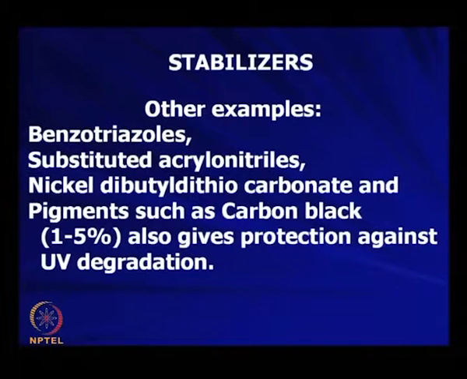So, my experience is that if you can develop any agent which can break to form free radicals, and if that free radical is stabilized by the group to which it is attached, then that can act as a very good stabilizer for your polymer.